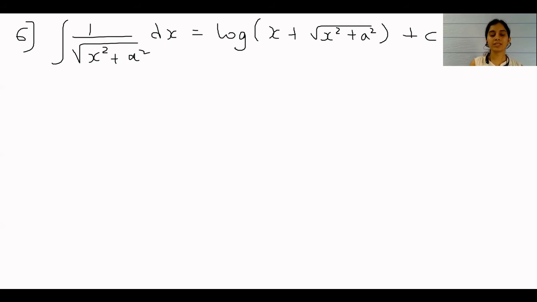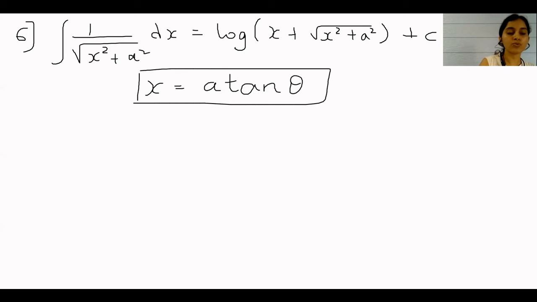So you can see that it is exactly the same as what we did in the previous one. The only thing you need to know is the substitution. For that you can utilize your red box, or I will give you the substitution here. x is equal to a tan theta. Use this substitution and solve the proof.